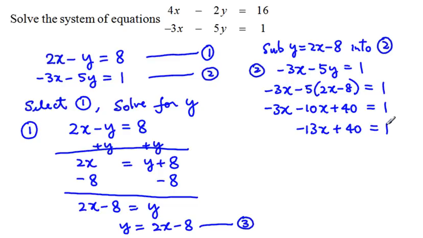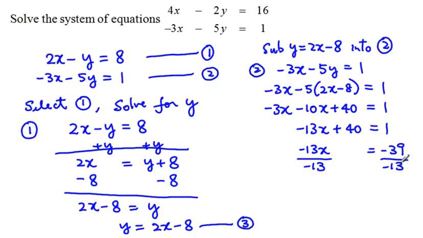Subtract 40 on both sides. Then we get 1 minus 40, negative 39. Finally, I divide both sides by negative 13. Be very careful to deal with the negative situation.